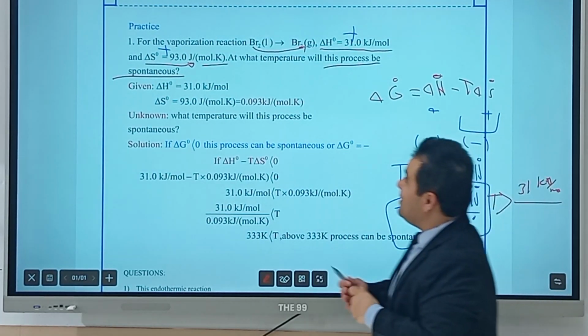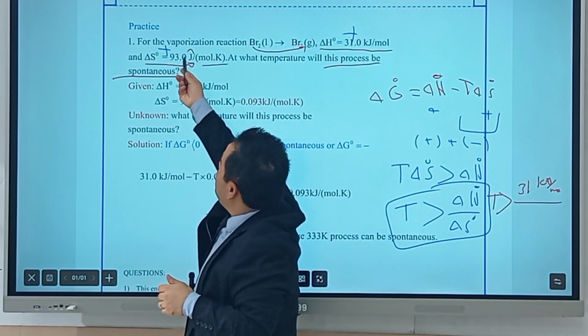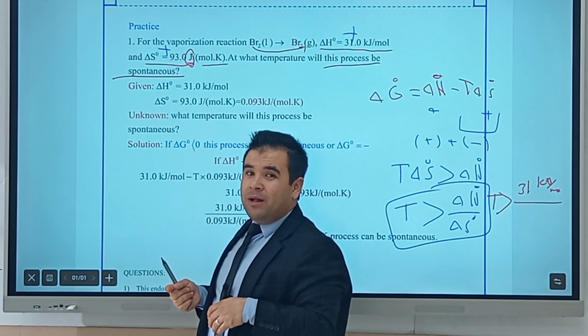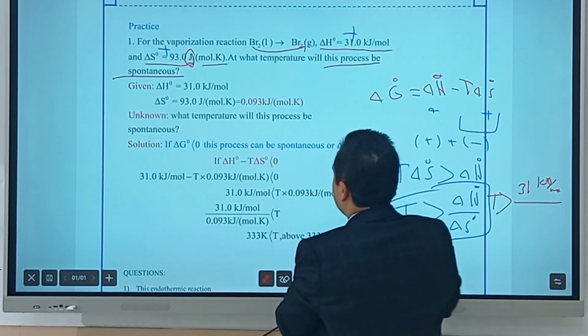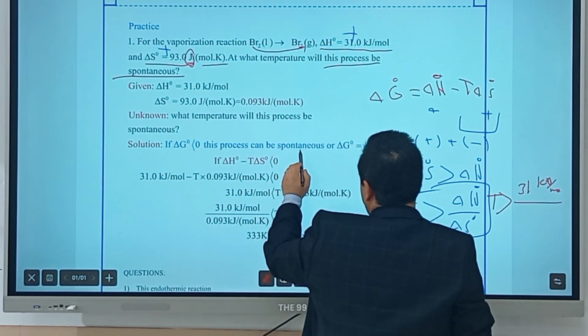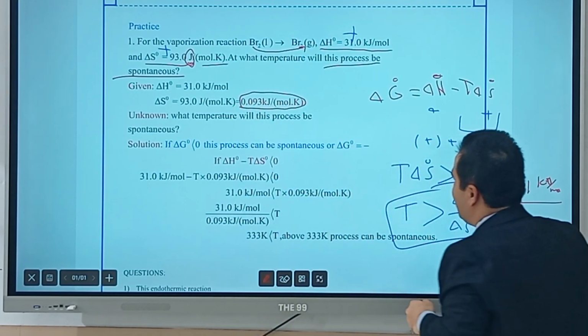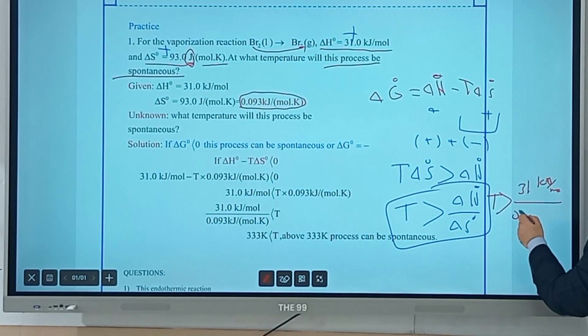But guys, for the delta S, be careful about the unit, it's joule. You have to convert into kilojoule by dividing by 1,000, sorry. You'll get a value of 0.093 kilojoule per mole Kelvin.